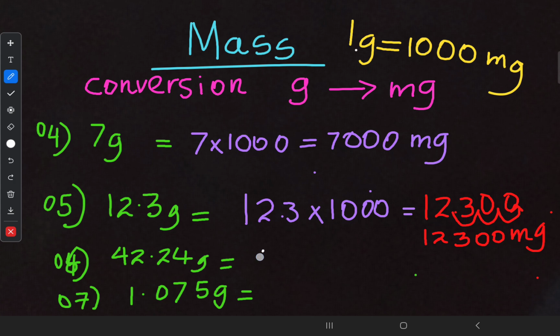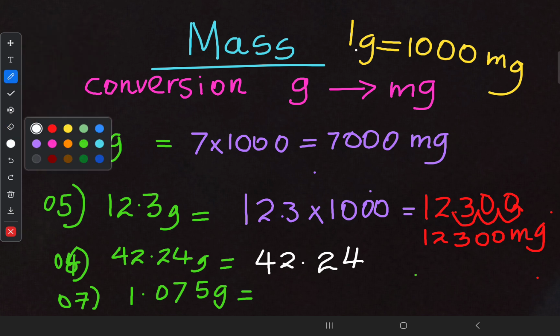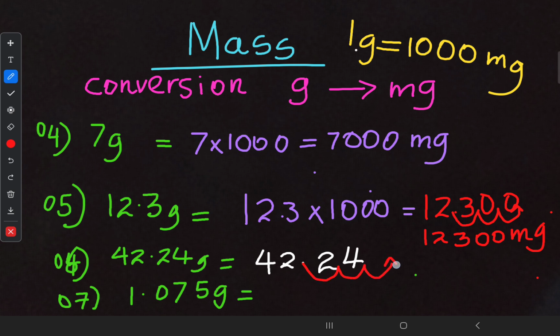For the next one, 42.244 should be multiplied by 1000. What do we need to do? The decimal should move 3 digits rightwards: 1, 2, 3. Here we have a blank, so let's fill it using 0.